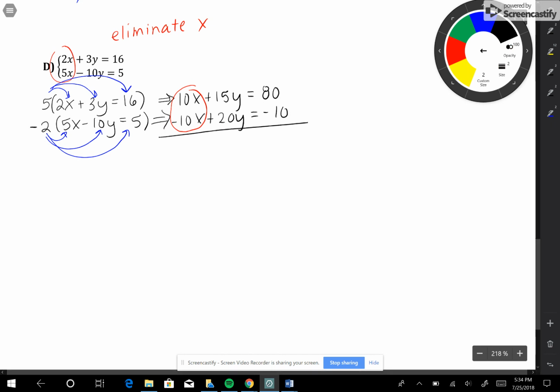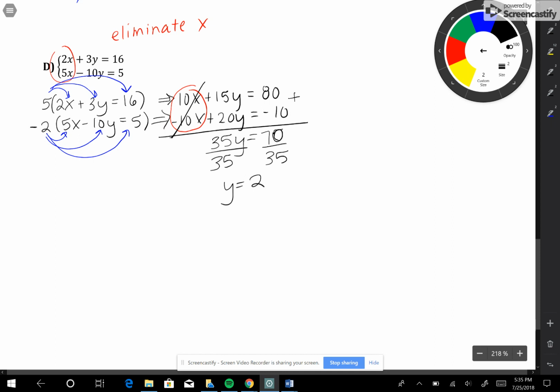Now I can go ahead and make this an addition problem. Those x terms cancel. 15y plus 20y is 35y, and 80 plus -10 is 70. Divide by 35, and y equals 2. Y equals 2, I can go ahead and plug that in either of the equations.